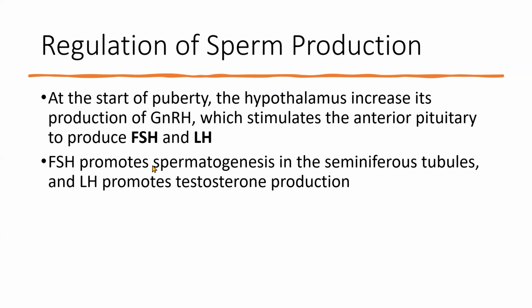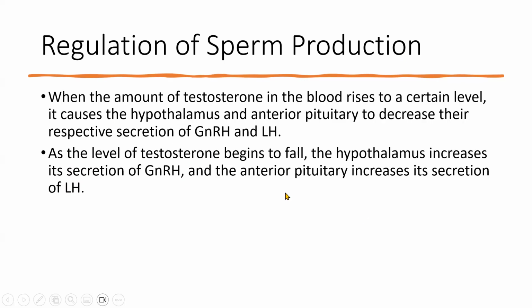So FSH promotes spermatogenesis, and then the LH promotes the testosterone production. LH promotes progesterone in female, but in male, it is testosterone. When the amount of testosterone in blood rises to a certain level, it causes the hypothalamus and anterior pituitary gland to decrease the secretion of GnRH and LH.